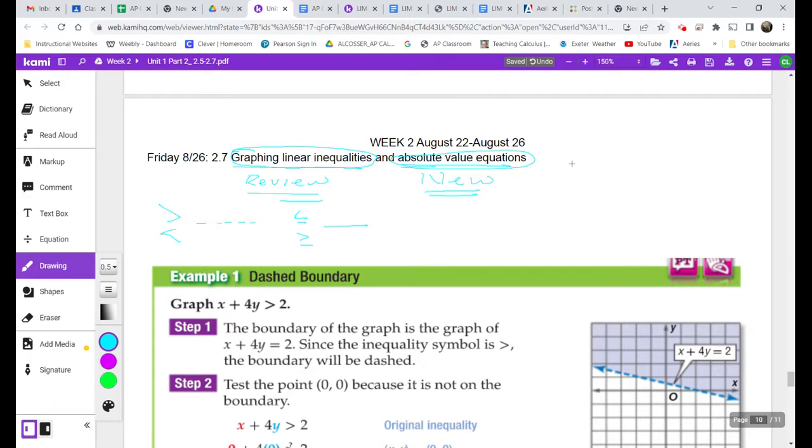An absolute value equation is going to look something like a times the absolute value of bx plus h, plus k, and that base graph of absolute value is always a V shape. So we're going to be graphing linear inequalities, or we're going to be graphing absolute value equations.